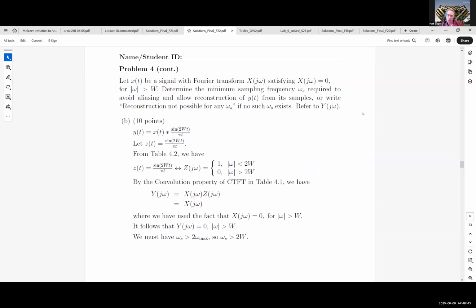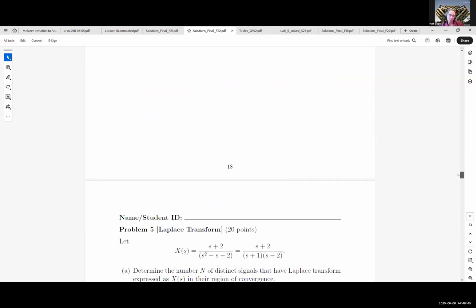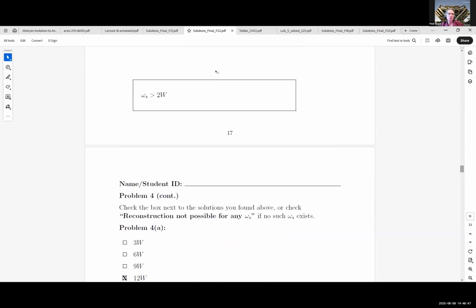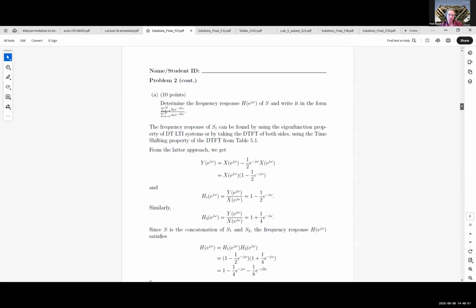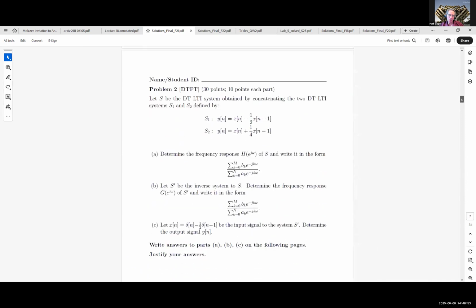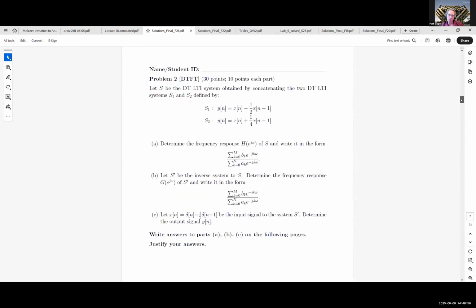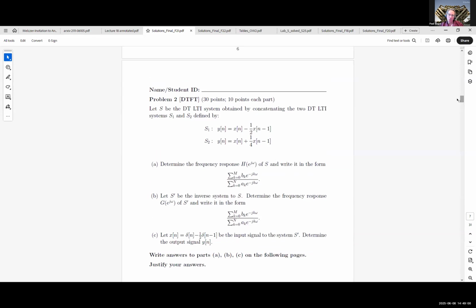Okay. Well, maybe we should look at one that nobody's asked anything about, discrete time, which is probably a worthwhile thing to be looking at because it is going to be on the exam. Somebody did ask about this question, just what the terminology meant. This was a case of a concatenation of two discrete time LTI systems.